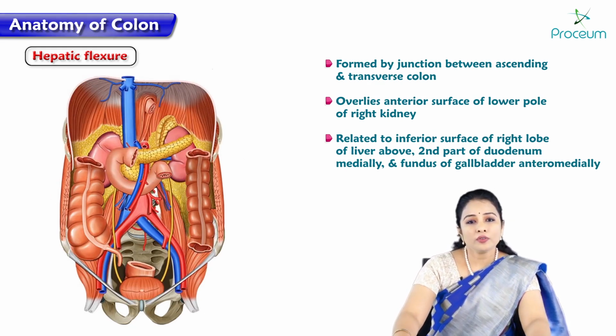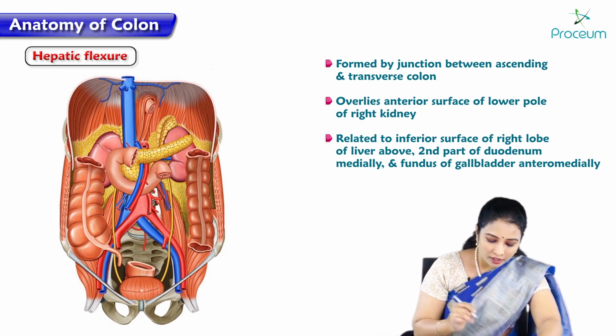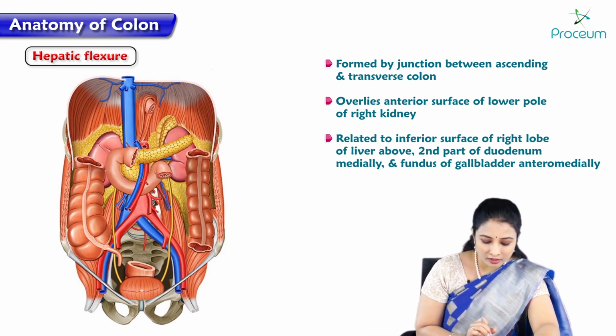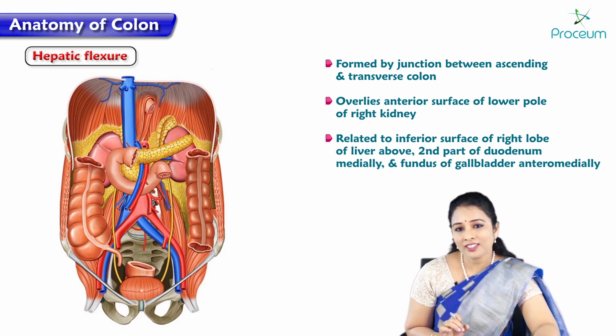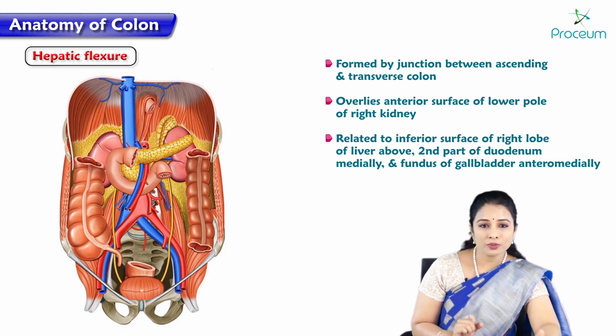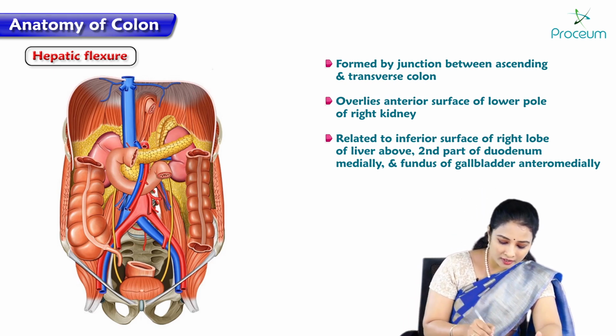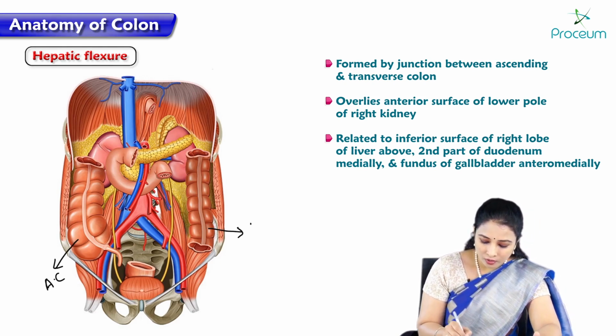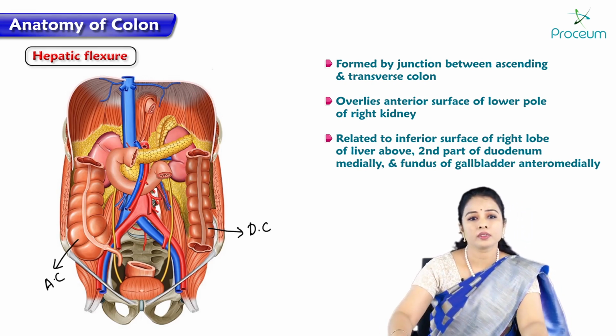Posterior relations of the hepatic flexure of colon. Here the hepatic flexure is removed to expose the posterior relations, and the transverse colon is also removed to expose the posterior abdominal wall contents. So we can see only the ascending colon and descending colon on each side.